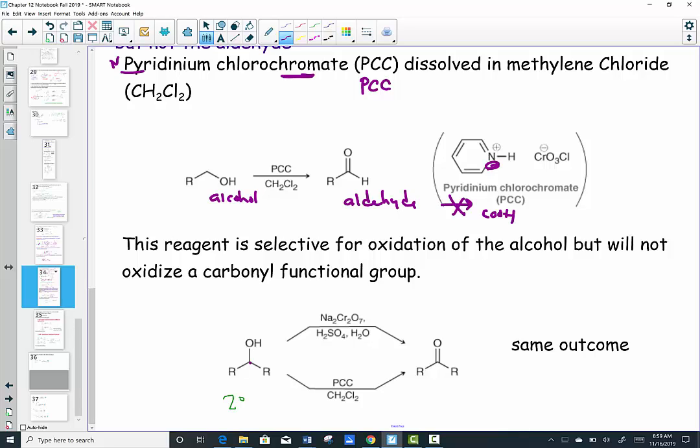If I start with a secondary alcohol, that means there is just one hydrogen available for oxidation. One hydrogen means we're going to produce a ketone regardless of using a chromium-based product or using pyridinium chlorochromate. But there is a key difference.